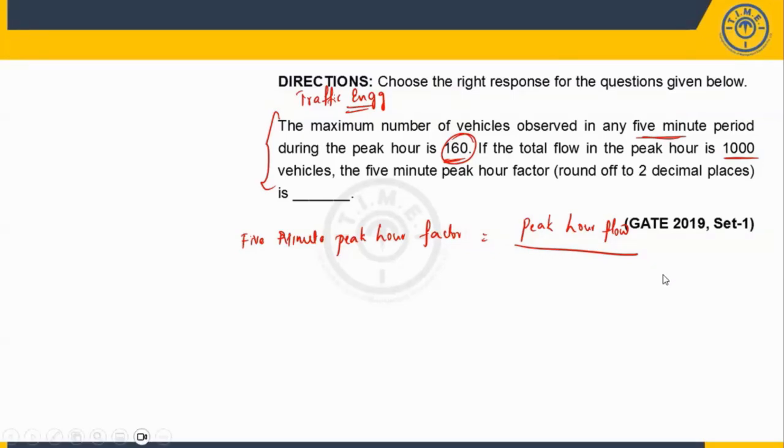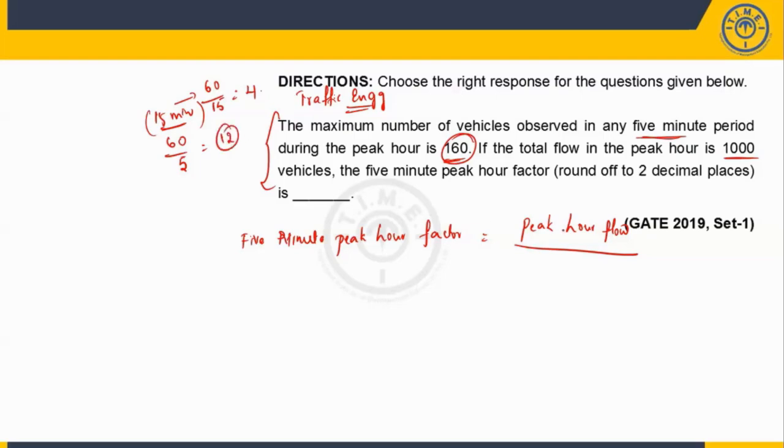If you are given a 15-minute period, how many 15 minutes are there in 1 hour? 4. Similarly, how many 5-minute periods are there in 1 hour? 12.